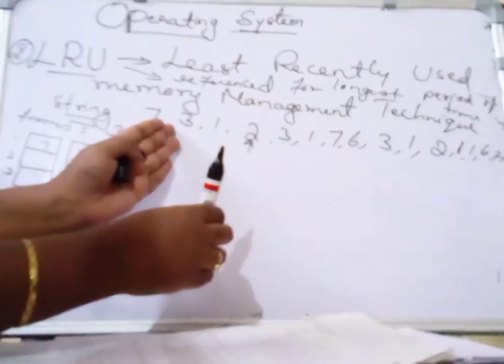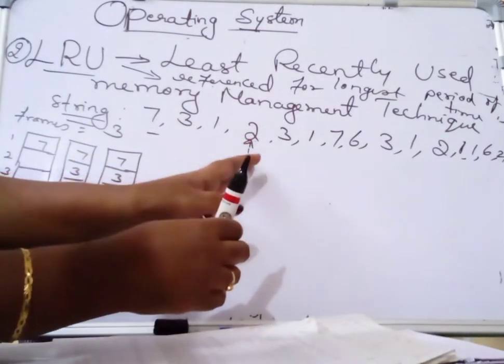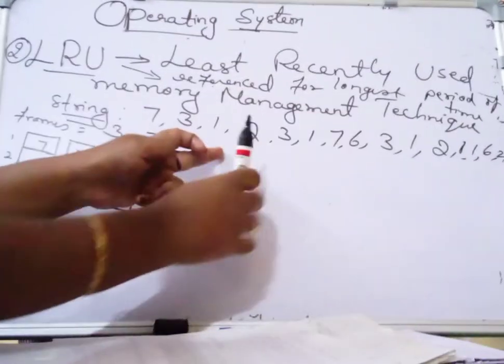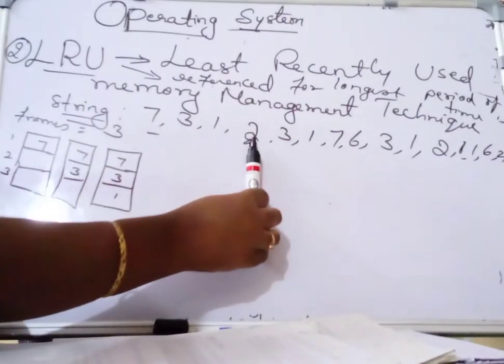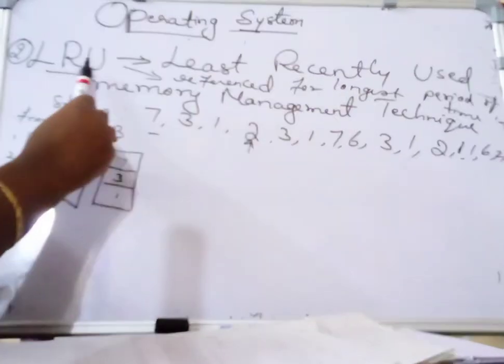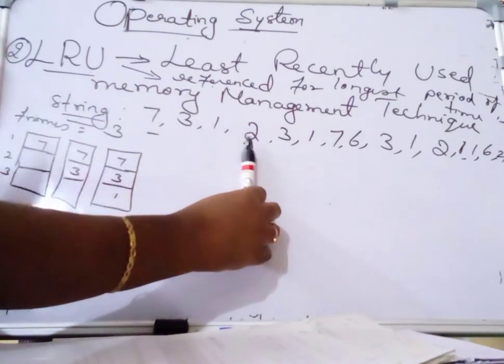For the optimal policy, the third type of algorithm, you should see the right hand side. Remember this, guys. But for LRU, you should always observe the left hand side sequence to replace a page.